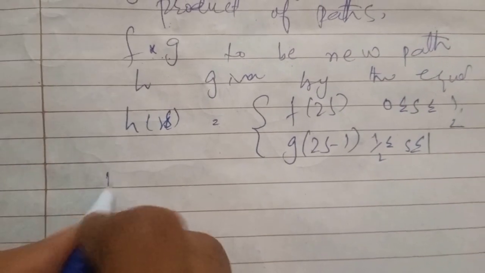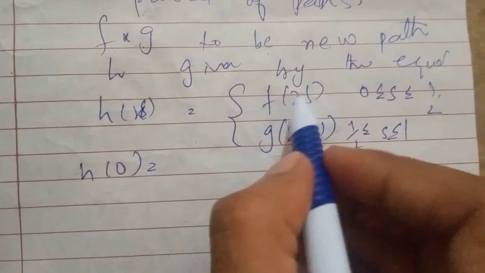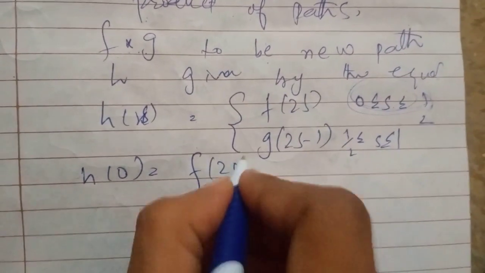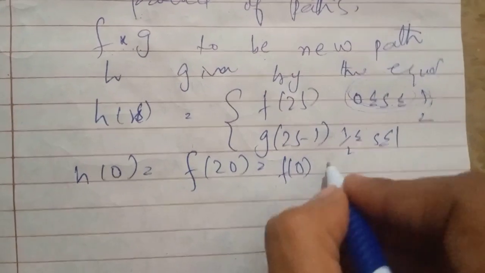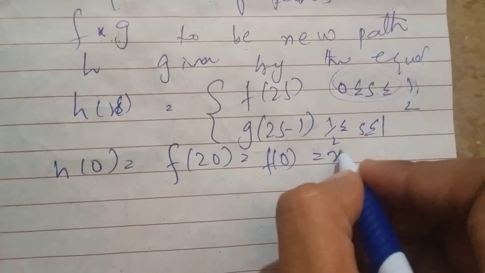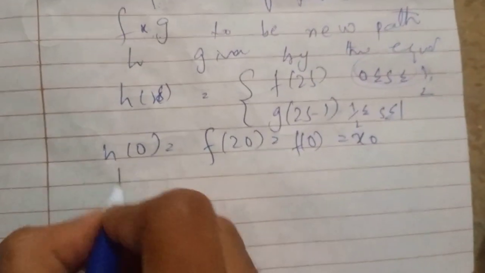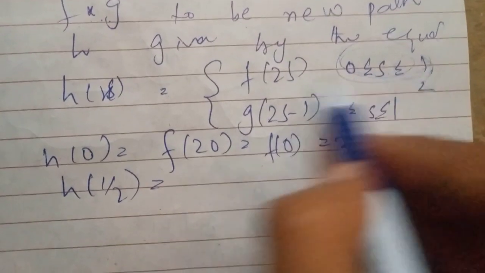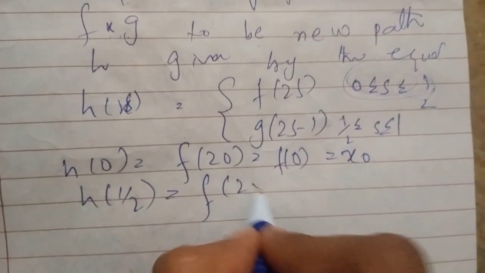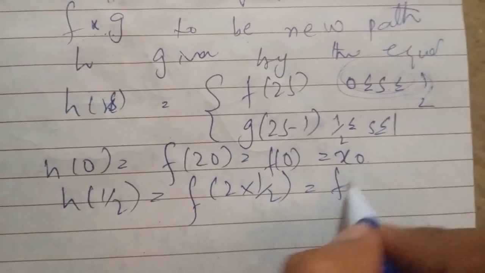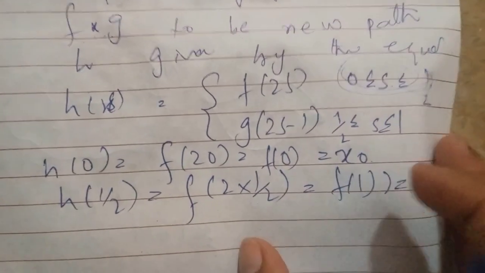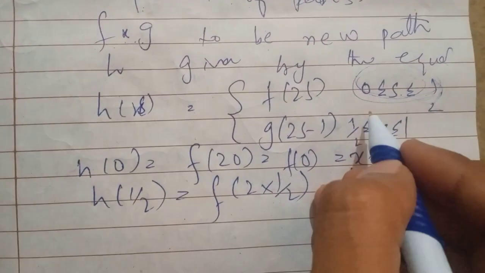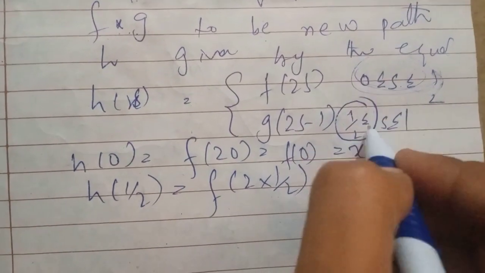If we substitute h of 0, we will lie at this portion. So f of 2 into 0 is equal to f of 0, and f of 0 is x0. If we put h of half, we will lie at this portion. So f of 2 into half means f of 1, and f of 1 is equal to x1. The equality already holds at this point.